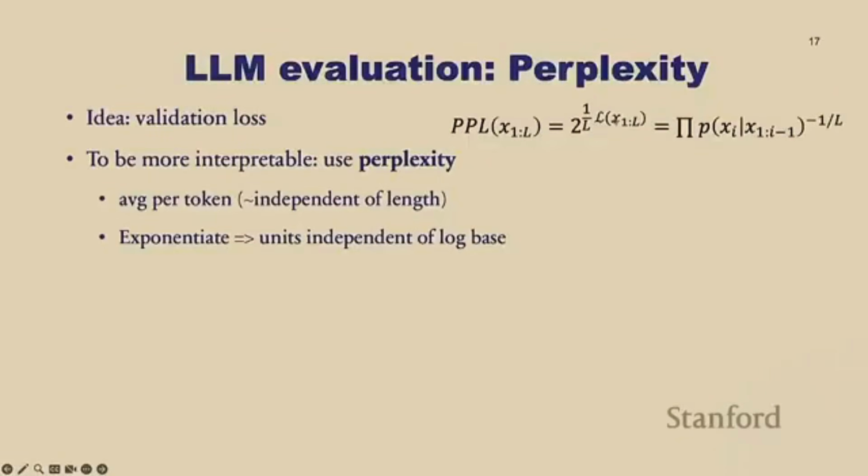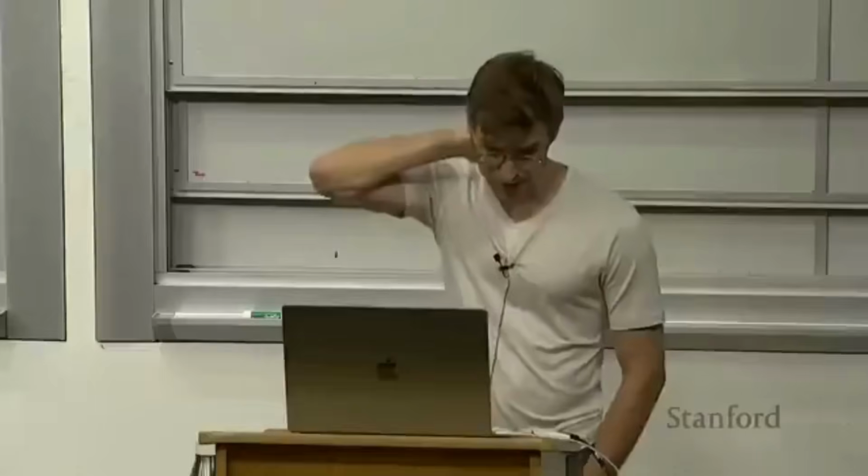While when you exponentiate, you basically have everything in units of the vocabulary size. And the average per token is just so that your perplexity is independent of the length of your sequence. So perplexity is just 2 to the power of the average loss of the sequence. Perplexity is between 1 and the length of the vocabulary of your tokenizer.